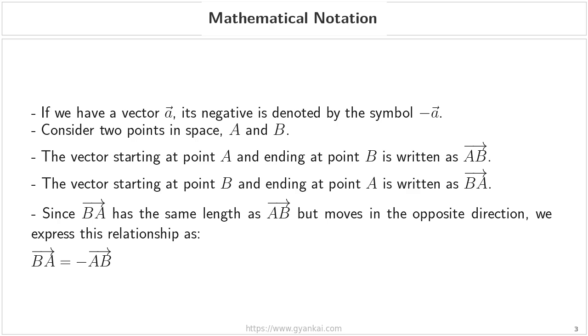This equation perfectly captures the essence of what we've been learning: the same magnitude, but with an opposite orientation. Now that we have established the conceptual idea that a negative vector is simply a reversal of direction, let's look at how we actually write this down using mathematical notation.